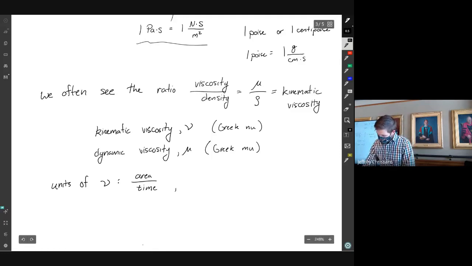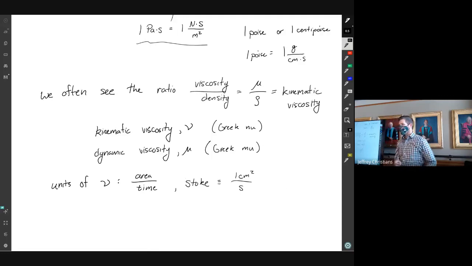The most common one is the Stoke, which is defined as 1 centimeter squared per second. You'll often also see the centistoke, which is a 1/100th of a stoke. Again, the world of viscosity becomes this weird thing of all kinds of different units and definitions that will be a little bit tricky to keep apart, especially early on.